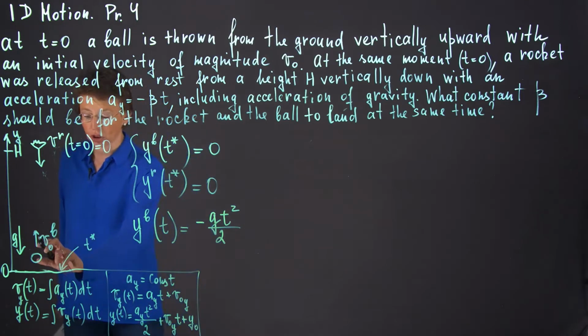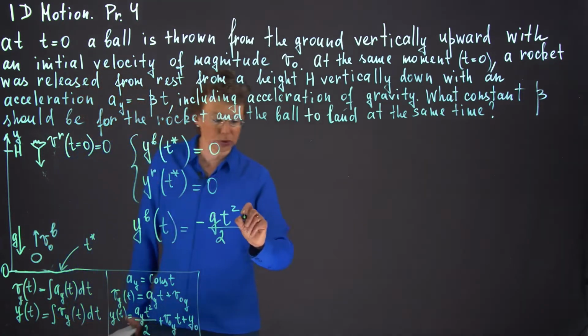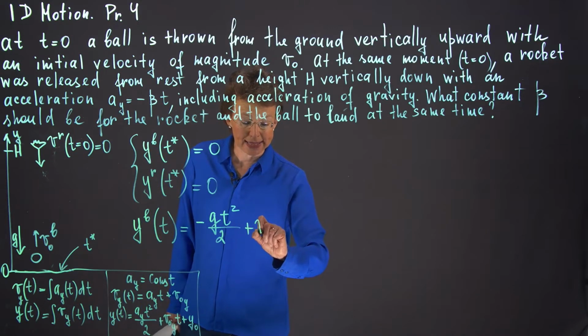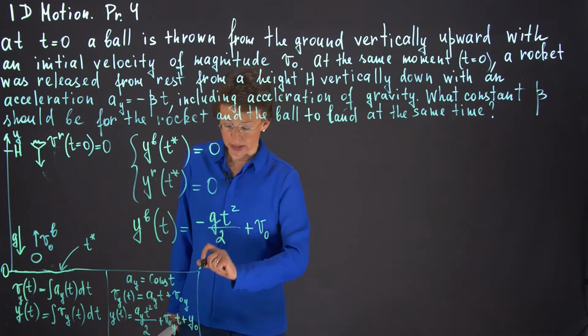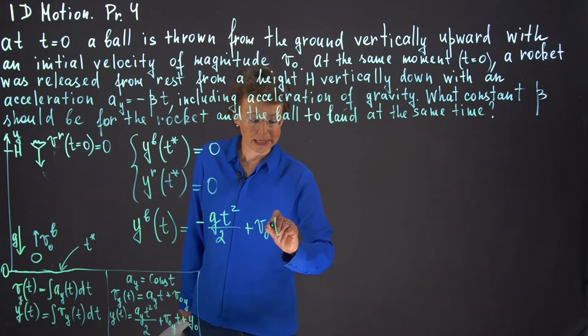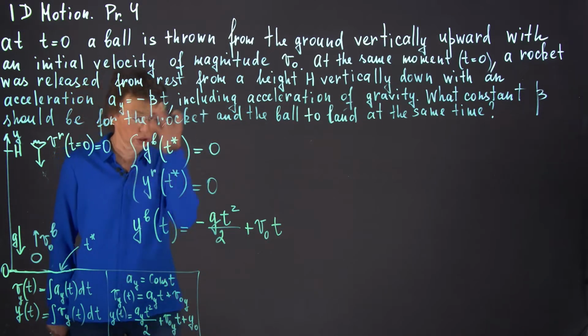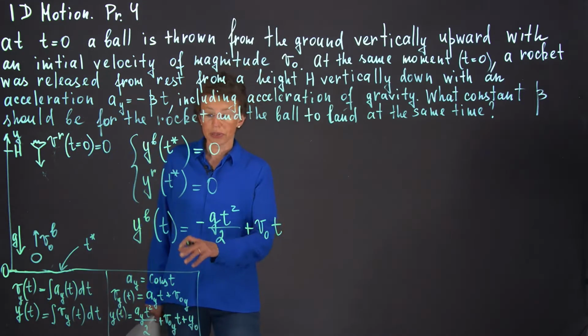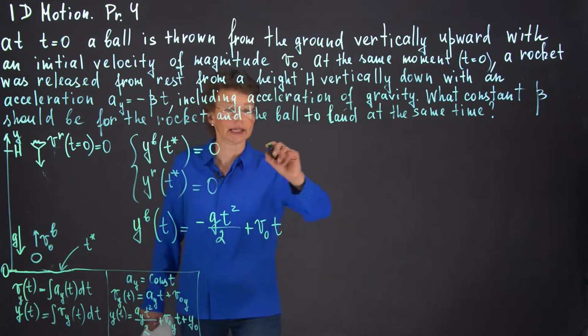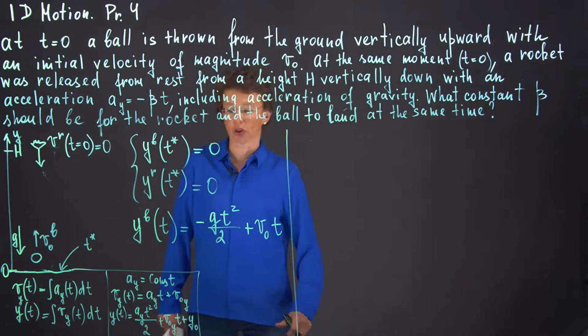The projection of the initial velocity for the ball on y is positive, so I put plus v naught times t, and the initial position for the ball is 0. It was thrown up from the ground. This is the position of the ball at any time moment, and we are ready for the rocket.